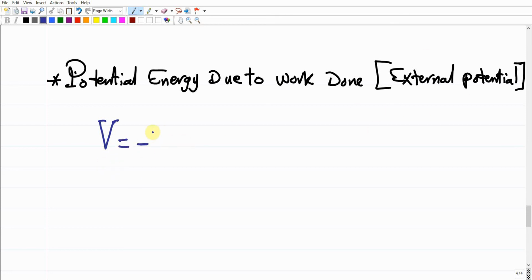Because it is external. What are the things that act as external forces over a continuum like this one?